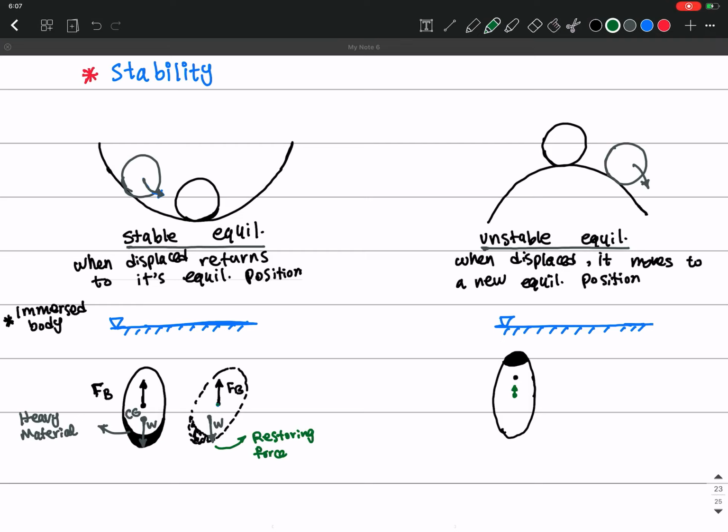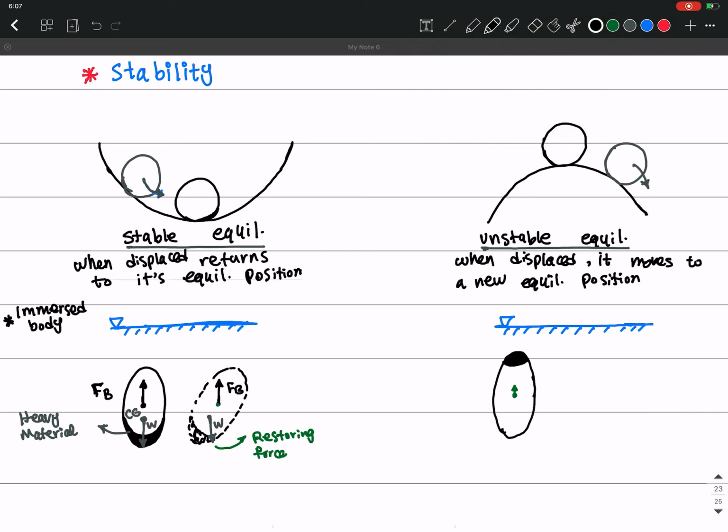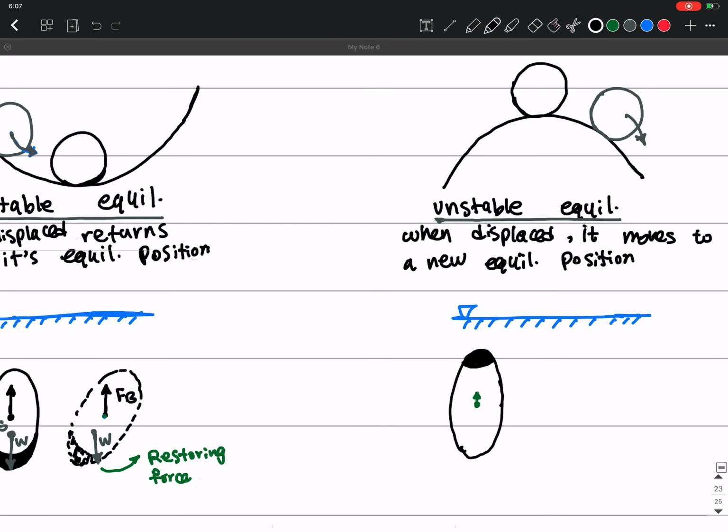So we have this, and then we have this force from the center of gravity. Maybe let me zoom a little bit. So we have this from center of gravity. So this is FB, the buoyancy force, and this one is the weight of the object, okay?